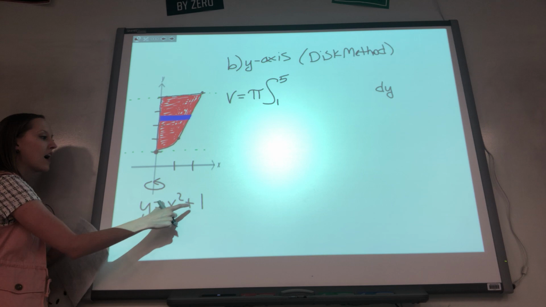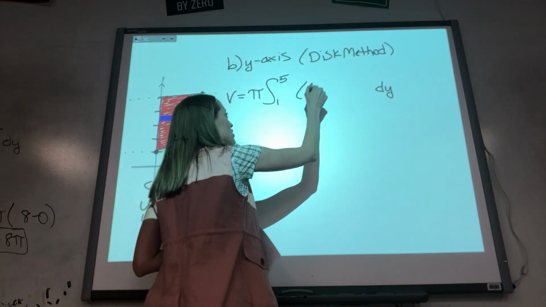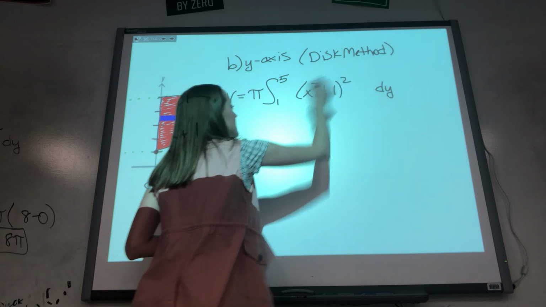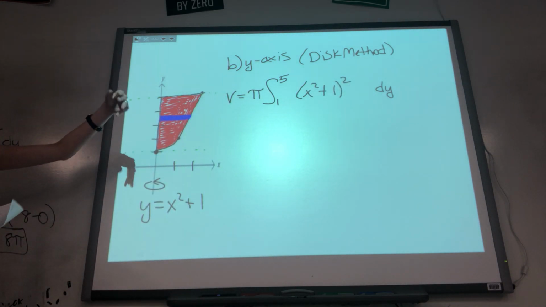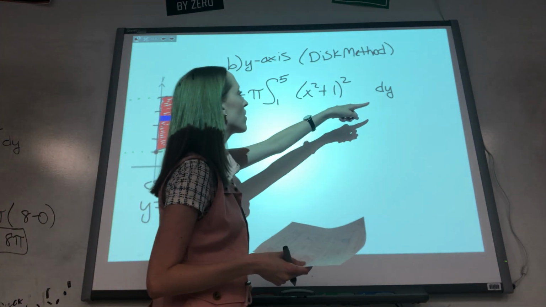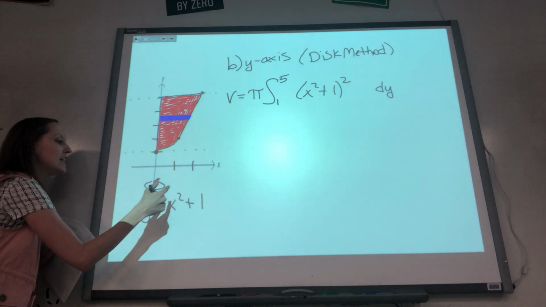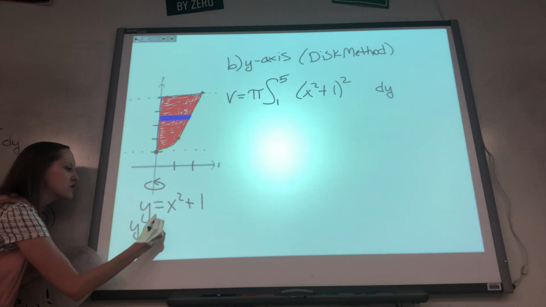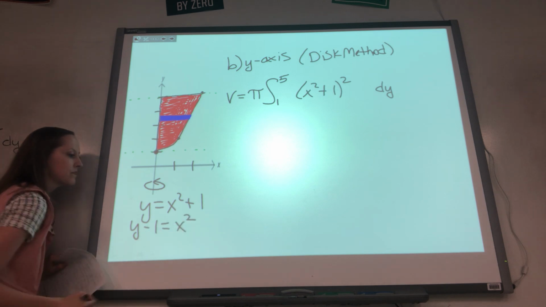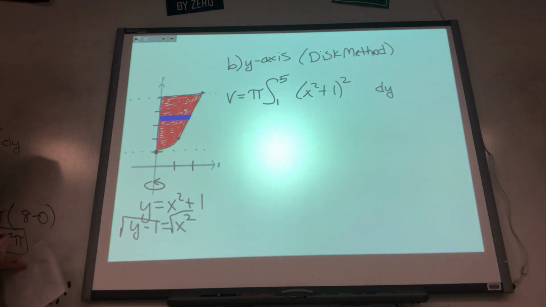But because we are integrating with respect to y, I can't just put x squared plus 1 squared right there. It doesn't make sense to integrate with respect to y when your function has x's. So we need to solve this for x. Let's subtract 1 and square root both sides.